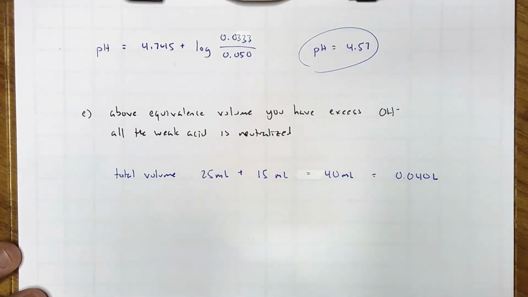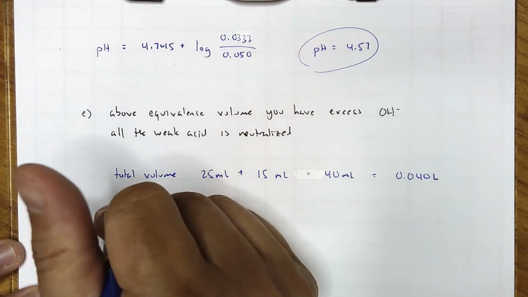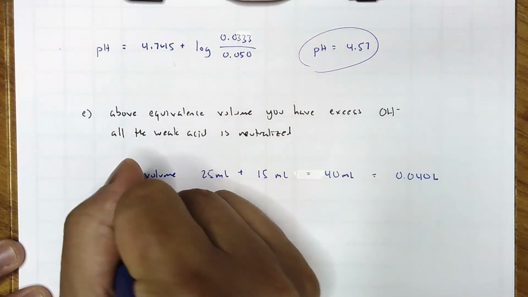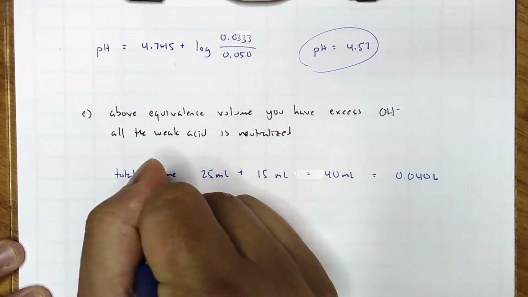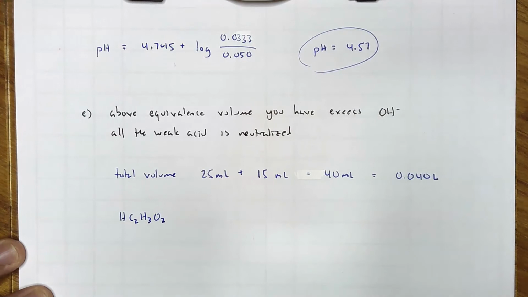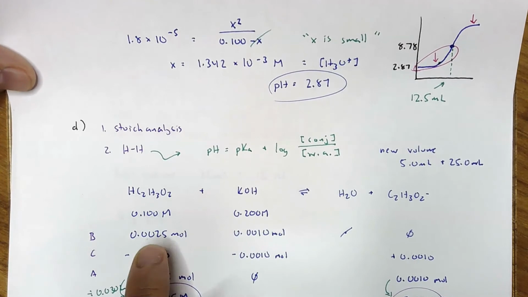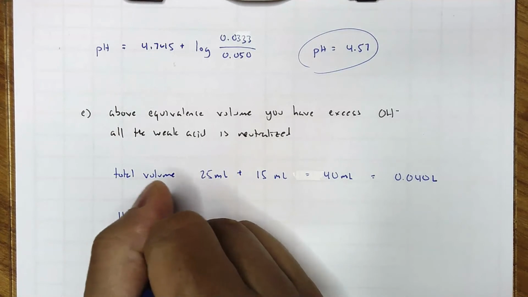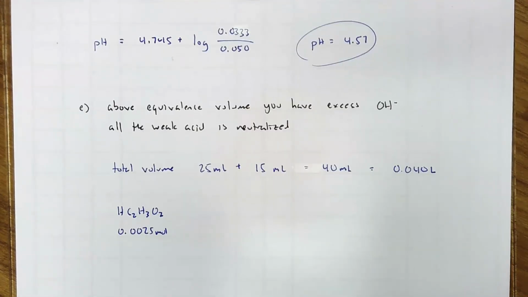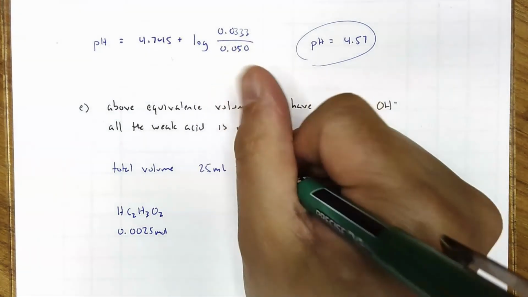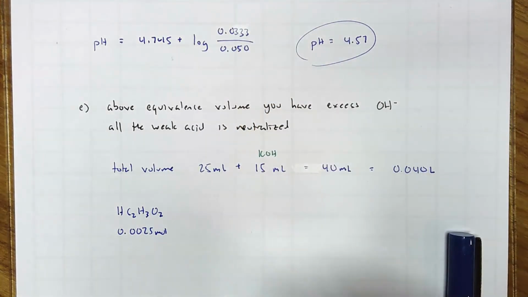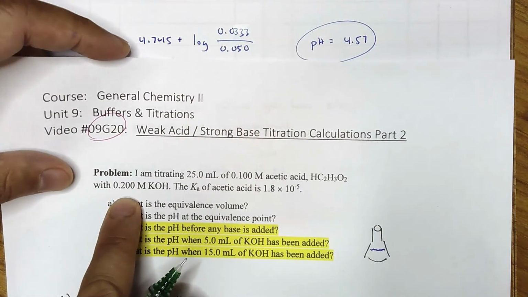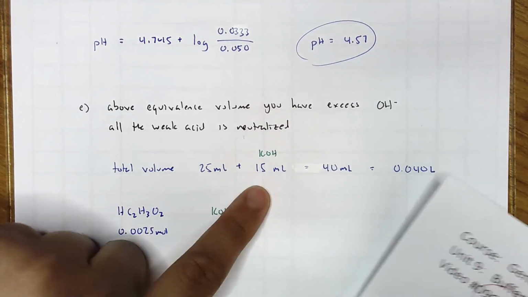So what is happening here? We have HC2H3O2. Okay, from part D, we said that before anything happens, it's that many moles. So let me put that, 0.0025 moles. But now we're adding 15 milliliters of KOH. Okay, so KOH has its own concentration, 0.2, and we have 15 milliliters.